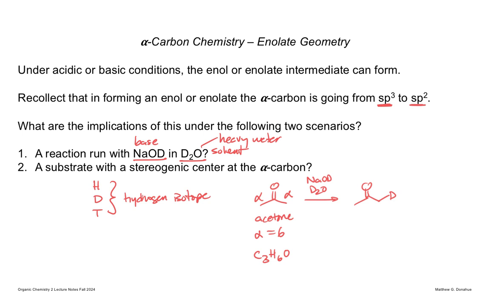So now we have C3H5DO. And eventually, if you let it go long enough, all of them will get exchanged. But remember, this is an equilibrium, so you'll have a mixture of these things. You would end up with C3D6O.